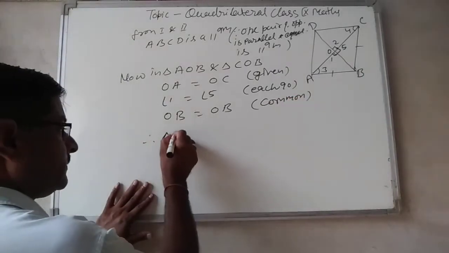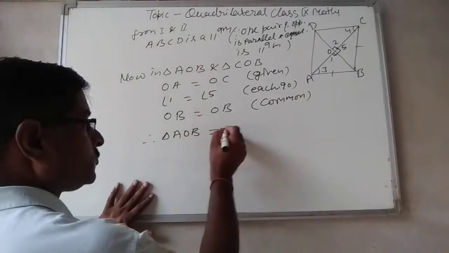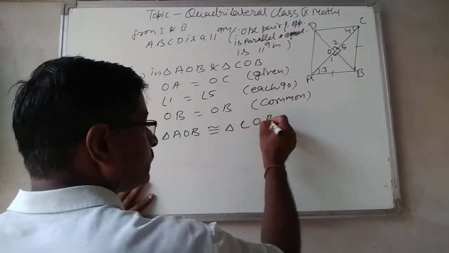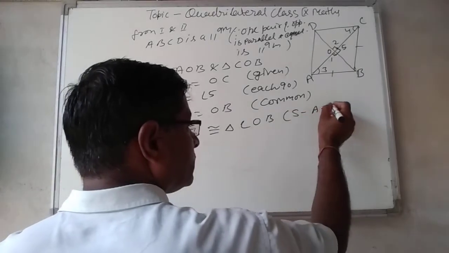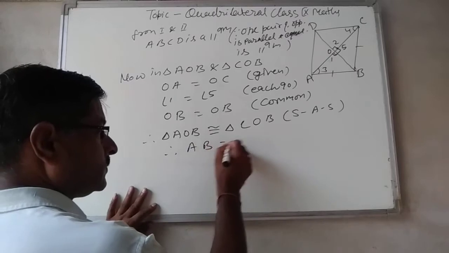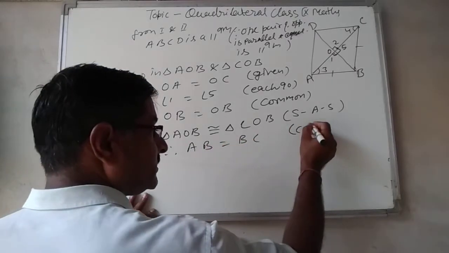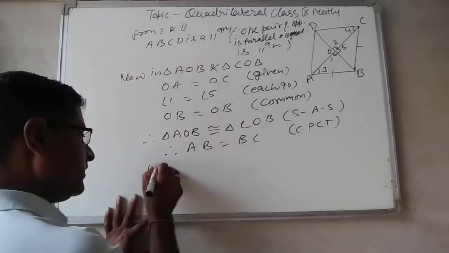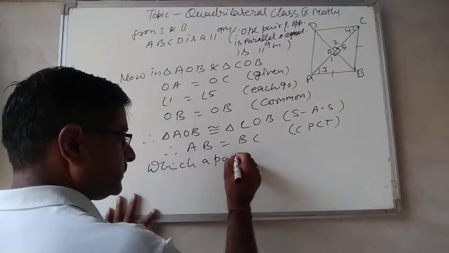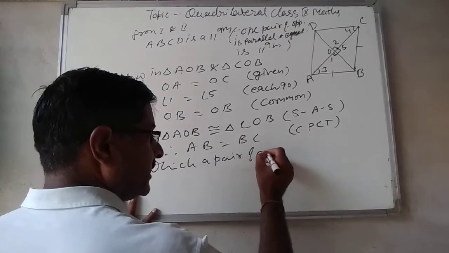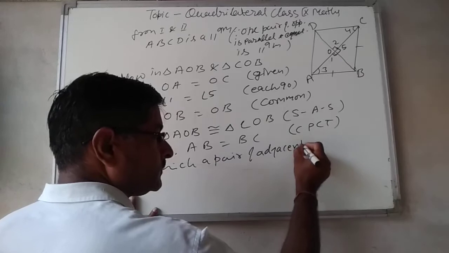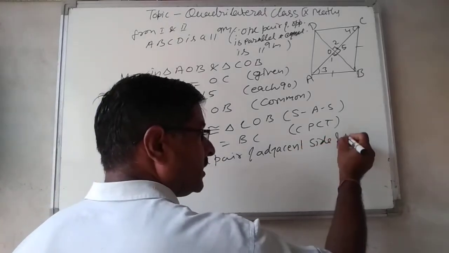Therefore triangle AOB is congruent to triangle COB by SAS rule. Therefore AB is equal to BC by CPCT, which is a pair of adjacent sides of a parallelogram.